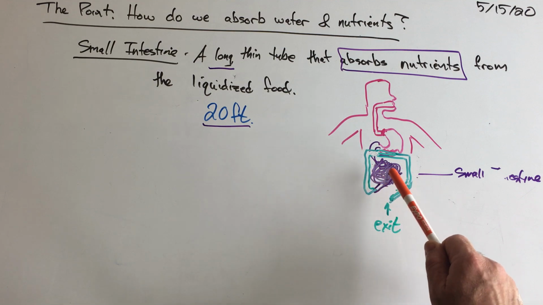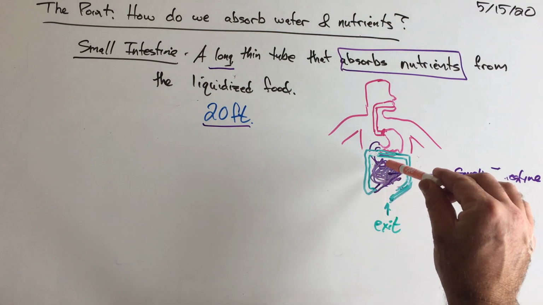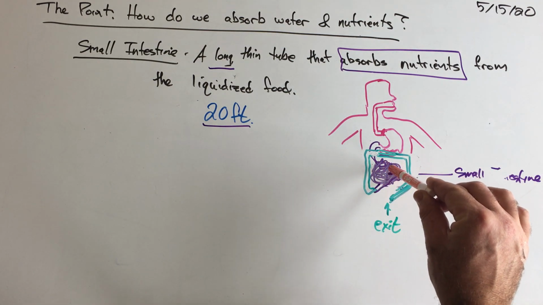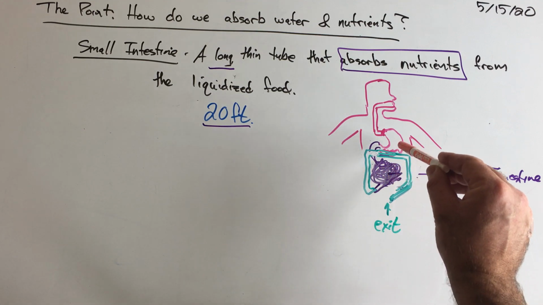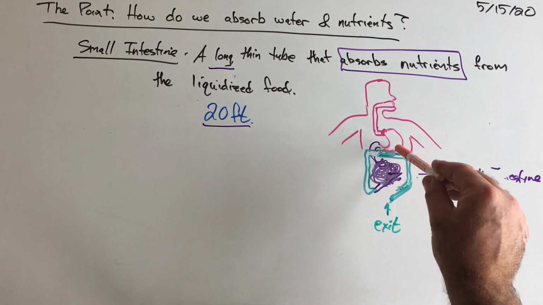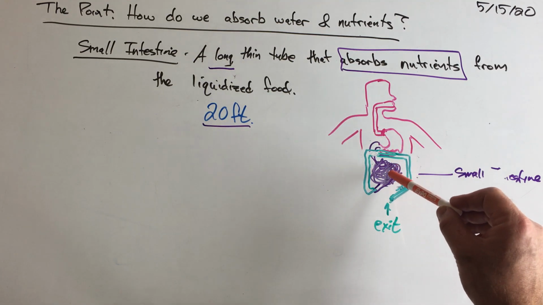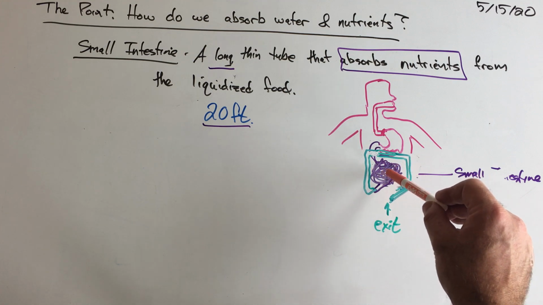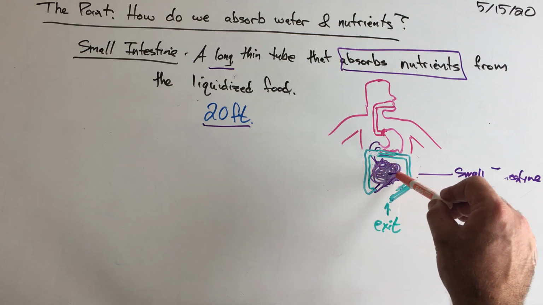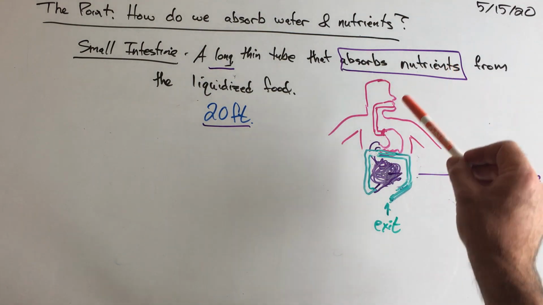It enters into the small intestine, spends most of its time here. Most of the time for food actually is in the small intestine. Spends a good amount of time in the stomach too, a couple hours in there. But in here, it spends almost 12 hours. It can spend like 12 hours in here just absorbing nutrients.